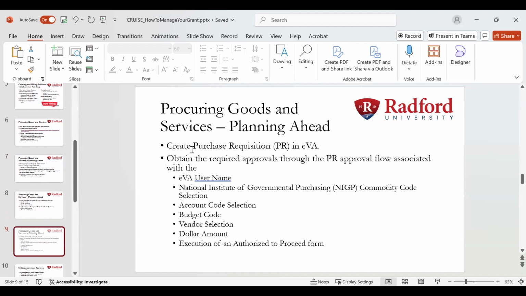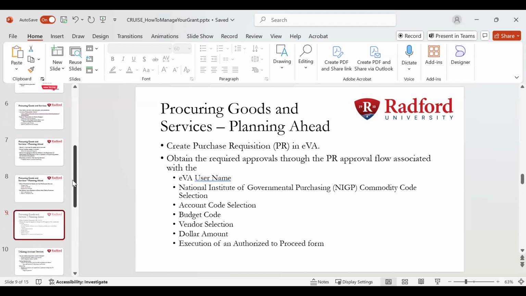I think everybody knows the EVA system. Then obtaining required approvals through the PR flow. There is a paperwork flow, or a purchase requisition flow, associated with EVA: the commodity code, account code, budget code, all these sorts of things that you enter into EVA.